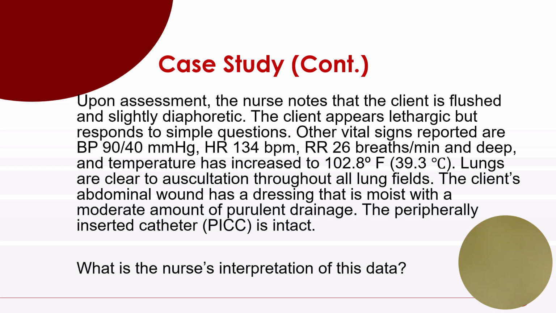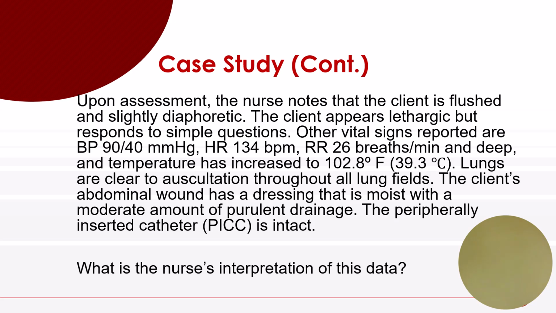Well, we definitely want to consider the development of an infection based on the operative history, the vital signs, the purulent exudate. We have tachycardia, we have increased respirations, we've got that purulent drainage, all of those are concerning to suspect an infection.